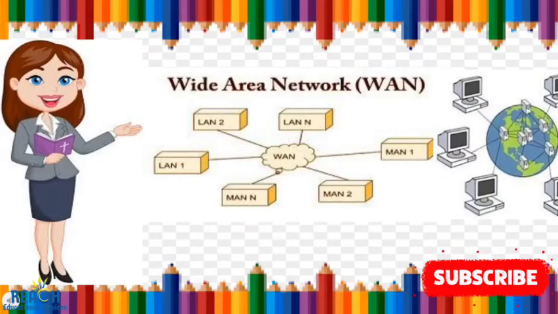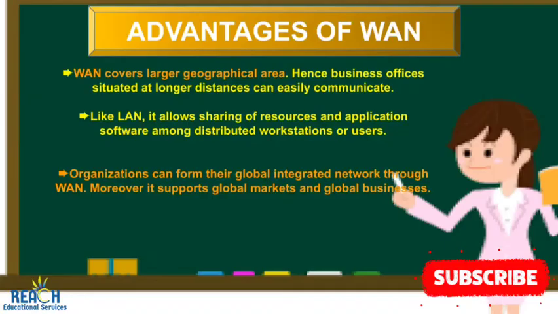Similarly to local area network and metropolitan area network, wide area network has its upsides and its downsides. Let's look at its upsides. So I have three here for you. The first one is that wide area network covers a large geographical area.